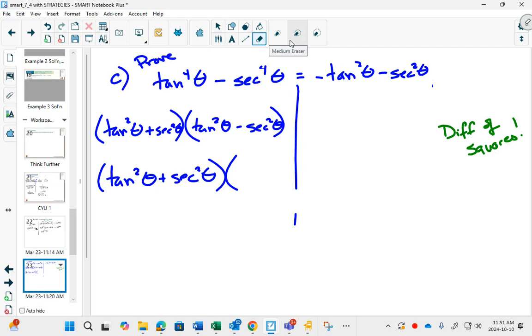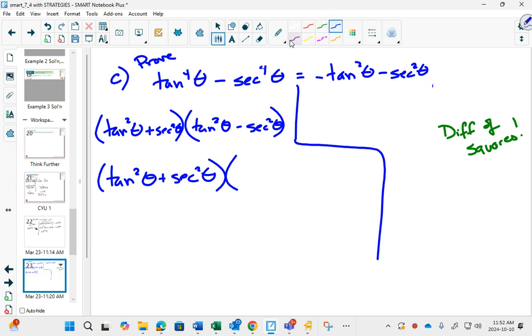I shouldn't work with tan squared plus secant squared. Can you do any mental math manipulations to that to ever get tan squared plus secant squared by itself on one side? No. You would always have a minus with the secant squared. So what we have to be able to do is realize that this is the one that we can work with. Okay?